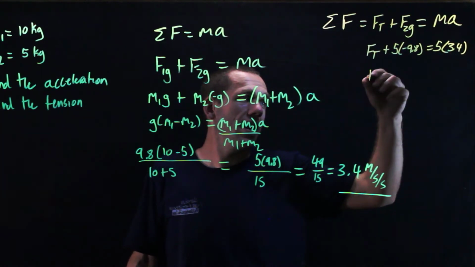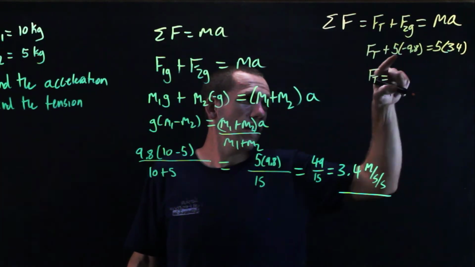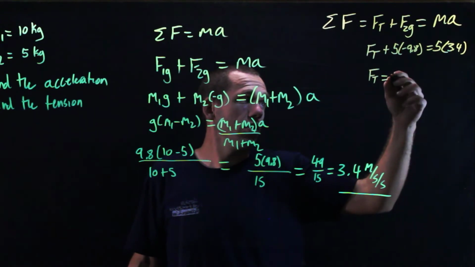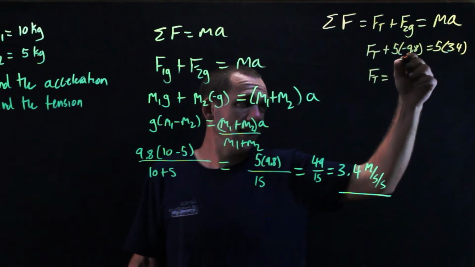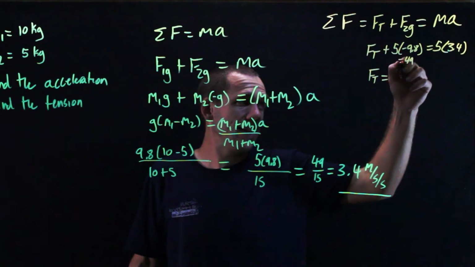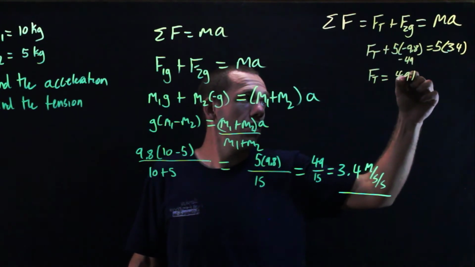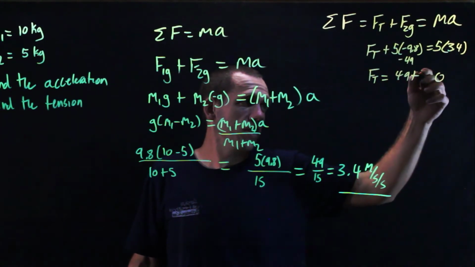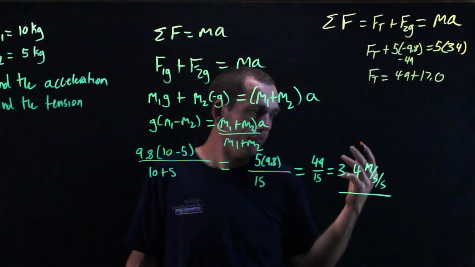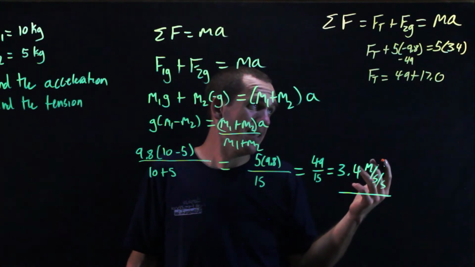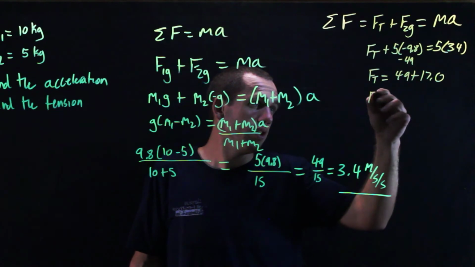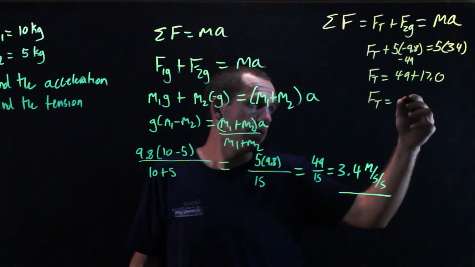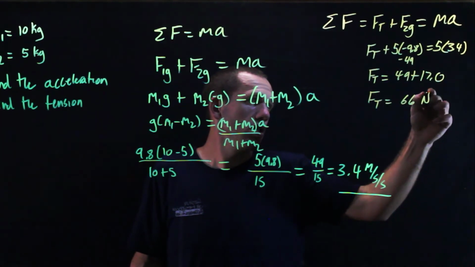And so now I have Ft is equal to, and I'm going to have to add this over, so 5 times negative 9.8 is negative 49, but I'm going to add that to both sides, so I have 49 plus 5 times 3.4 is 17.0, and that gets me a total force of tension of 66 newtons.